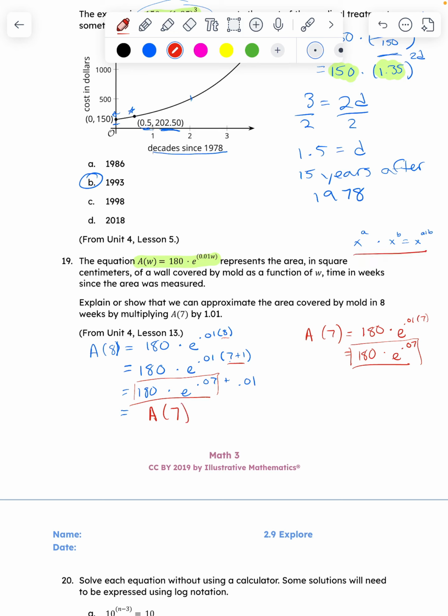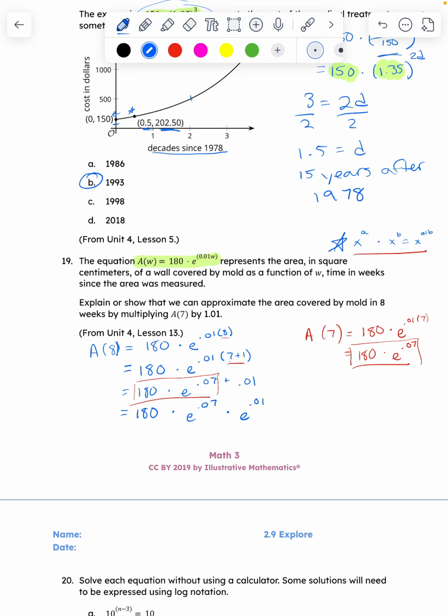And then using my exponent rule backwards, I'm not going to jump quite that far ahead, right? So I know that I found something that is the same as a of 7, and I'm so excited. But I've got this e term that I'm still messing with, right? So I'm going to rewrite that as 180 times e to the 0.07 times e to the 0.01. So that's my use of my favorite exponent rule backwards.